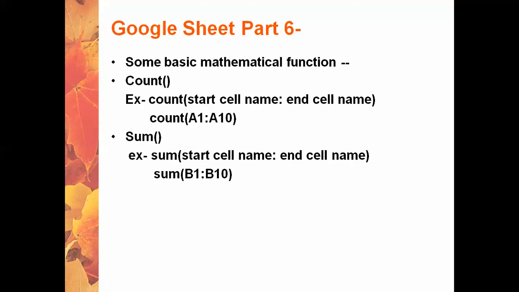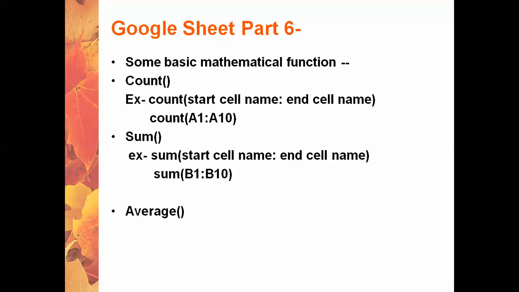We want to find how much fee has been collected by the institution in total. So we will write sum, opening parenthesis, B1 colon B10. Starting from cell B1 to cell B10, all the fees available there will be summed up, and at the end we will get the total fee.